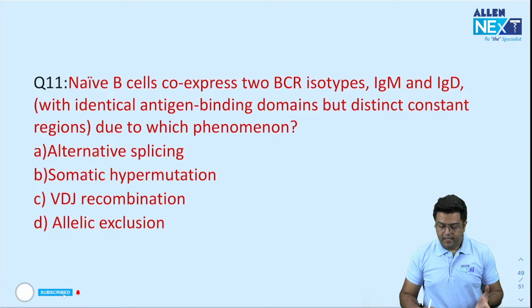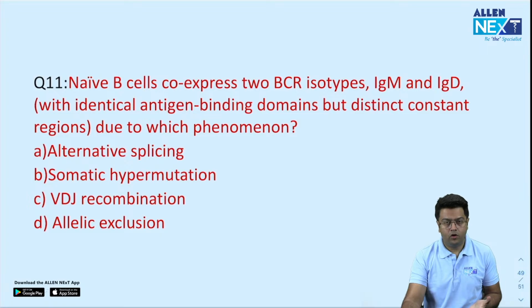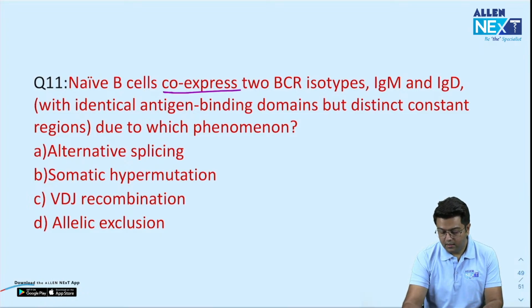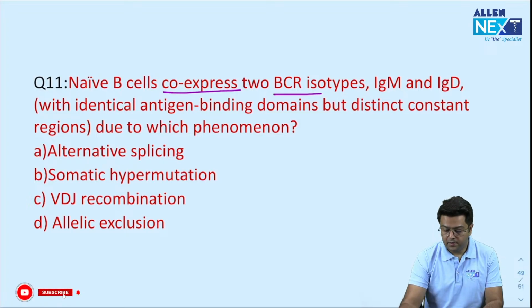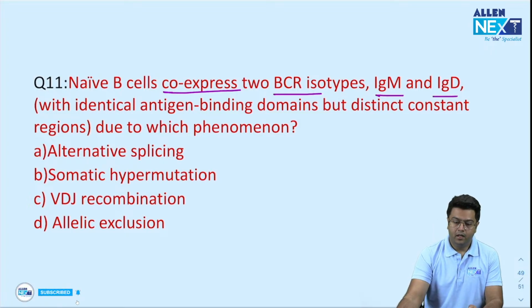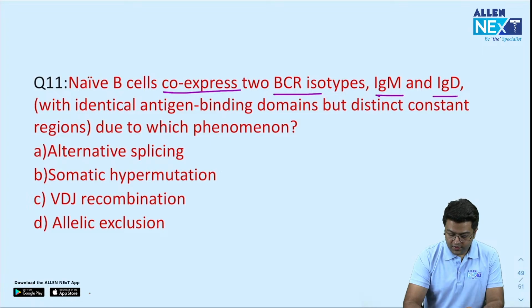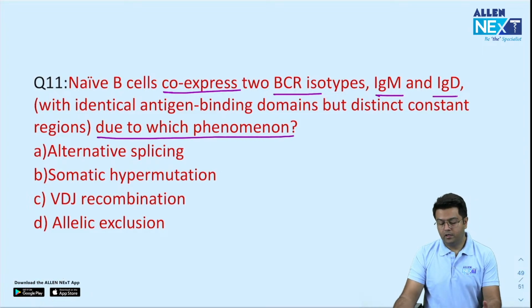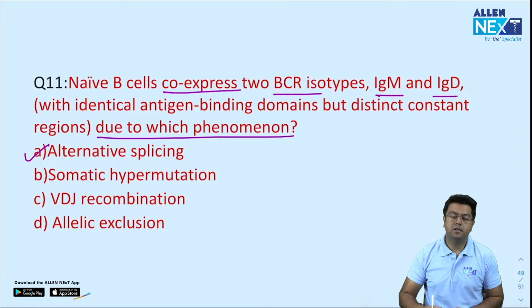Now, the next question was based on alternative splicing. The question was probably like this: the B cell co-expresses two B cell receptor isotypes, IgM and IgD. This is due to which of the following phenomena? So guys, the answer is alternative splicing.